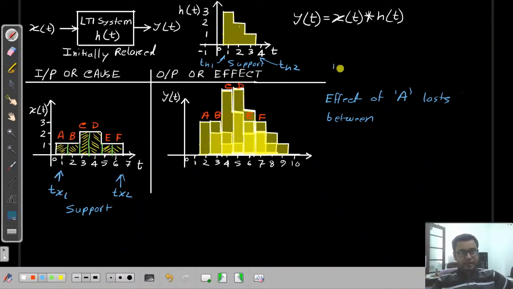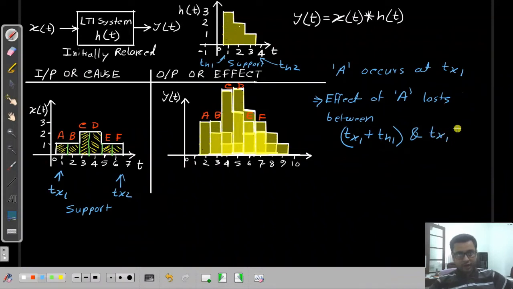Okay, so A occurs at tx1, and therefore the effect of A lasts between tx1 plus this time from here up to tx1 plus this time th2.